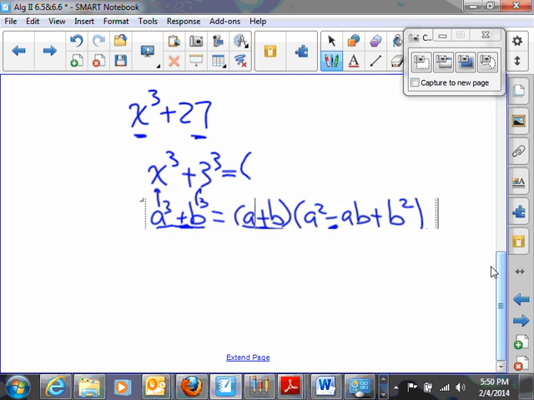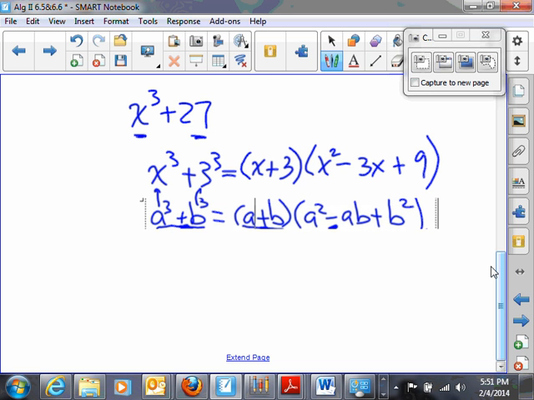So x cubed plus 3 cubed factors into a, that's x, plus b, that's 3, times a squared, that's x squared, minus a times b, that's 3x, plus b squared, 3 squared, it's 9, okay?